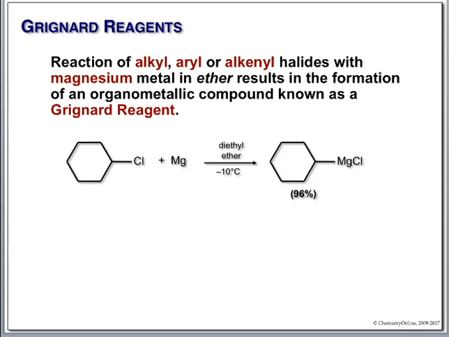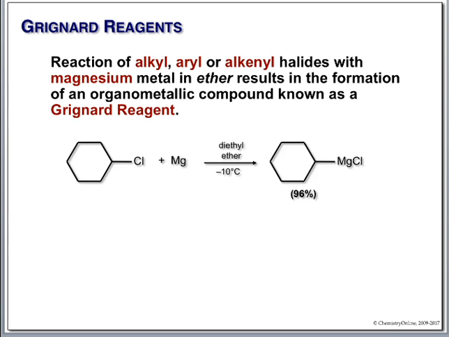Little chunks of magnesium, just add it in there. What happens is it'll fizz and it gets hot. You have to make sure you cool it as you do it so it doesn't go nuts on you. When you're done, you get something called the alkyl, whatever the group was, magnesium halide.